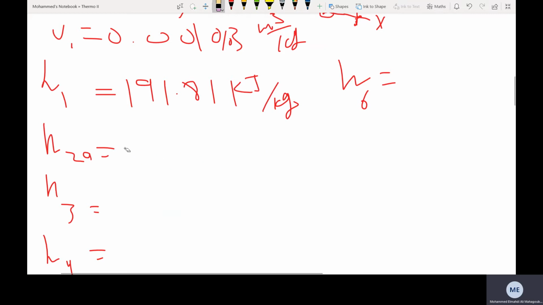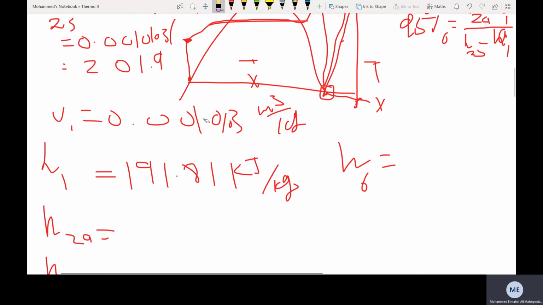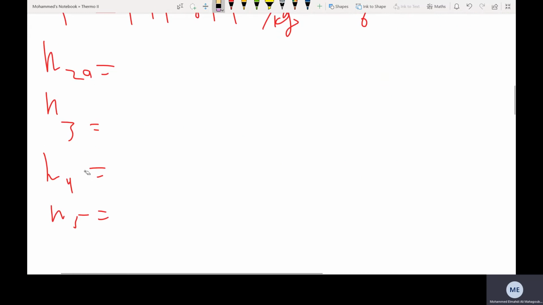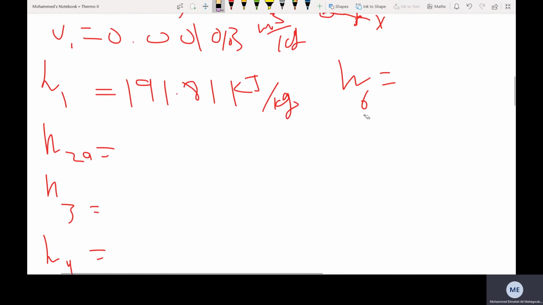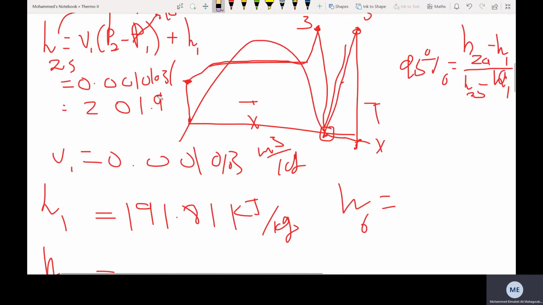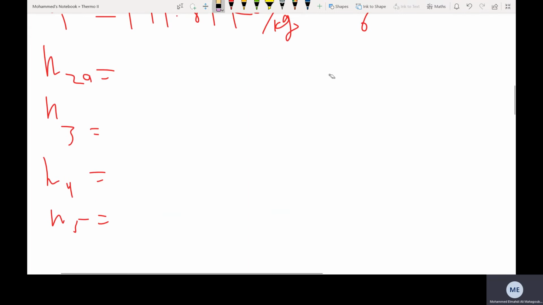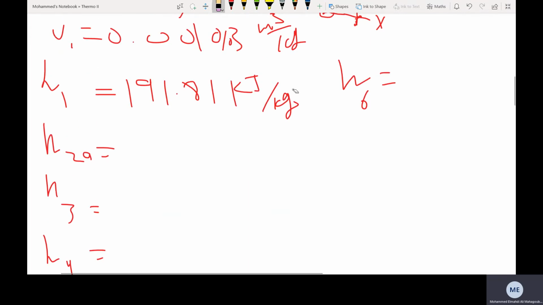You should always have an H2A value that is less than the H2S, and you should always have a value of H for the turbines, which is H4A or H6A, that is higher than the HS, because those are power producing devices.